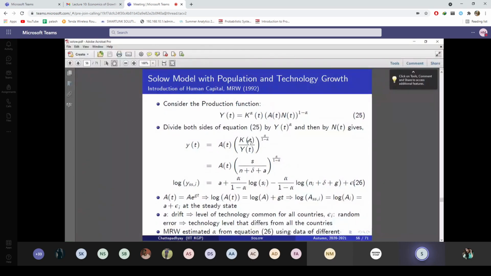So this capital to output ratio in the Solow model along the balanced growth path is always constant, which in our case is s divided by n plus delta plus g. It is independent of time, it is constant. So the capital to output ratio solved at the steady state is always a constant.